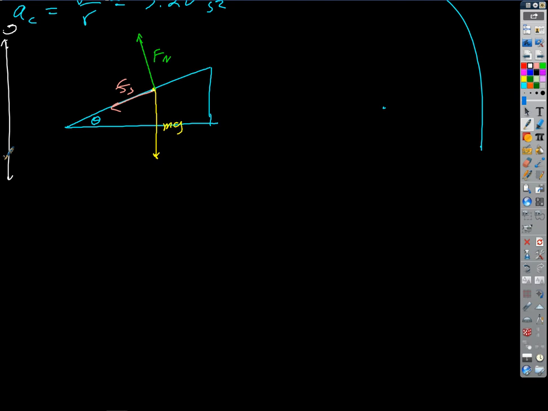It can't act at an angle, right? It's got to act straight towards the center. Okay, so what we've got to do this time is unfortunately break these two vectors up into components that are acting centripetally and non-centripetally, right, and vertically. Okay, so let's do that. Does that part make sense?